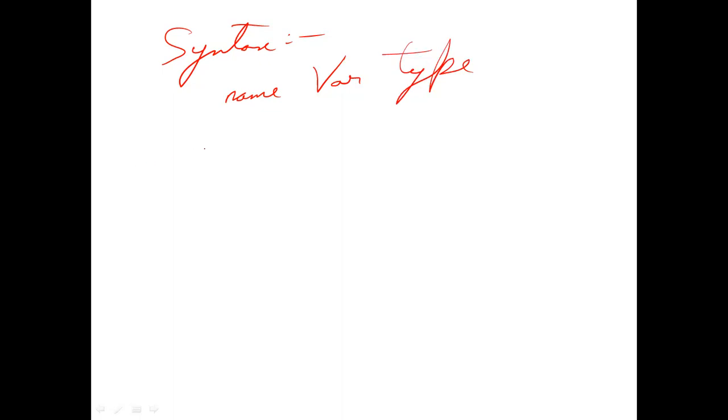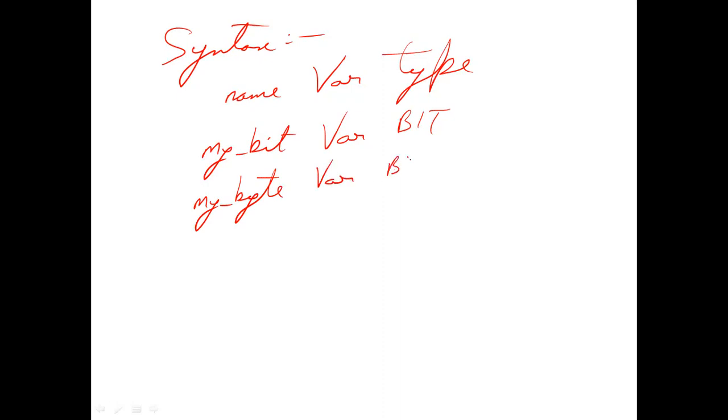Like my_bit, this becomes the name of the variable, where var means it's a variable, and type is bit. Then similarly we can take another example, my_byte, this is the name of the variable, and here we can write byte. So its type is 8-bit.